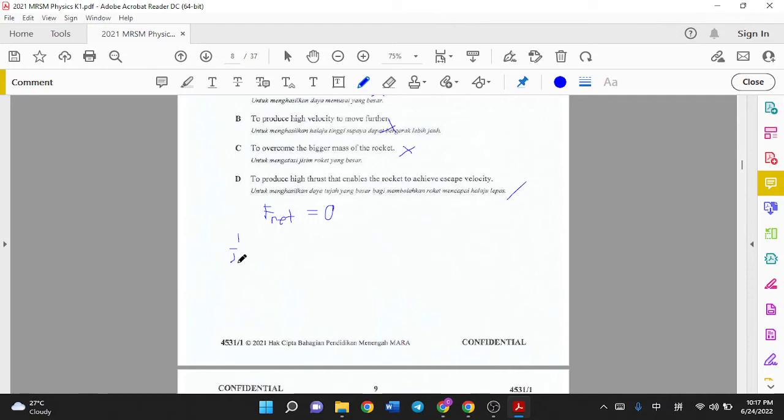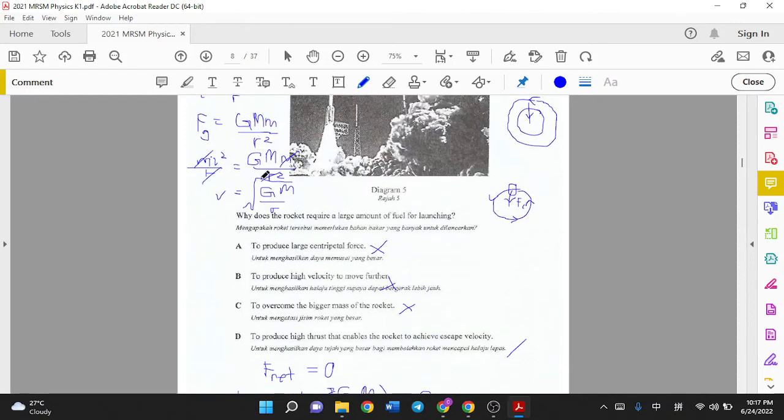So you have half mv squared, your kinetic energy, which should overcome your gravitational potential energy, negative GMm over r, and you get 0. So finally you will get v equals, you cancel out m and take the square root of 2GM over r. So this is how you get your escape velocity. All right, so the final answer for 7 should be D.